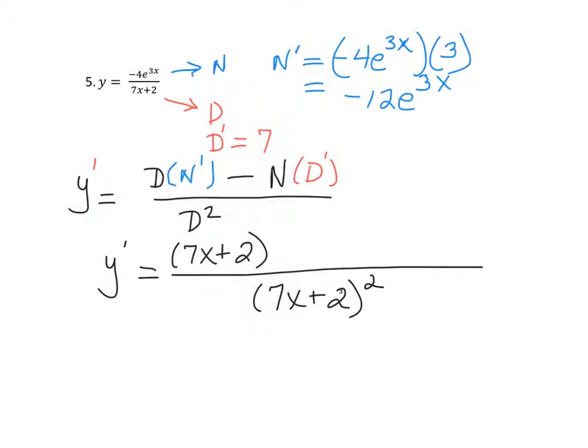And in the numerator, it will be multiplied times negative 12e to the 3x. And then from that, we will subtract the numerator, which is negative 4e to the 3x, and we multiply by the derivative of the denominator, which is positive 7.